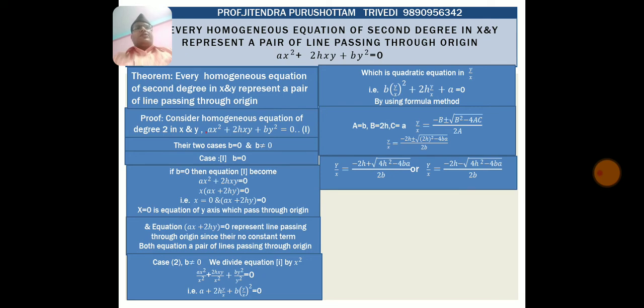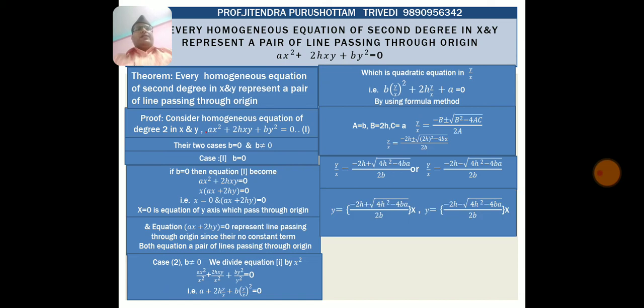Next, separating plus and minus, y/x = (−2h + √(4h² − 4ab))/2b, or y/x = (−2h − √(4h² − 4ab))/2b. Then we multiply both equations by x.